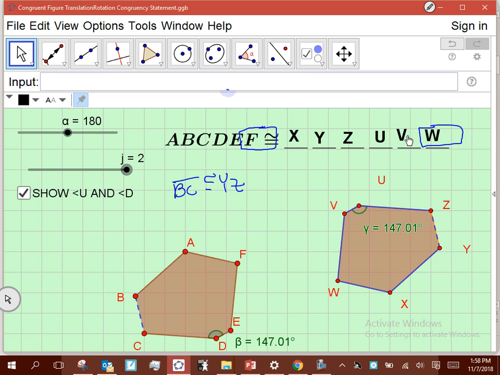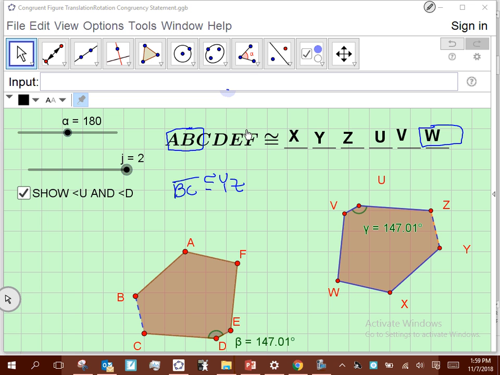Okay, so the 6 congruencies: there's 1 congruency starting with AB, BC the second, CD the third, DE the 4th, EF the 5th, so I'd have 5 congruencies written down. I got 6 sides though, right? That 6th congruency comes from F going all the way back to the beginning at A. All right, so FA should also be congruent to WX. Does that make sense to everybody?